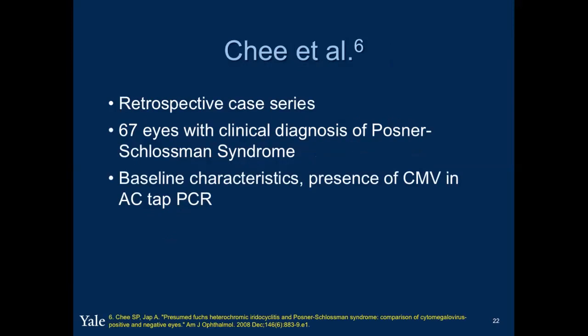evidence. And in this one paper by Chi and others, they did a retrospective case series of 67 eyes with a clinical diagnosis of Posner-Schlossman syndrome. They looked at baseline characteristics of these patients, along with the presence or absence of CMV on their AC tap.